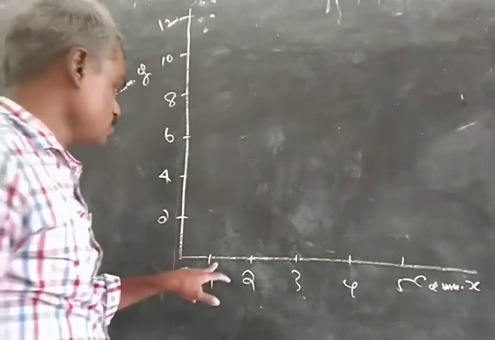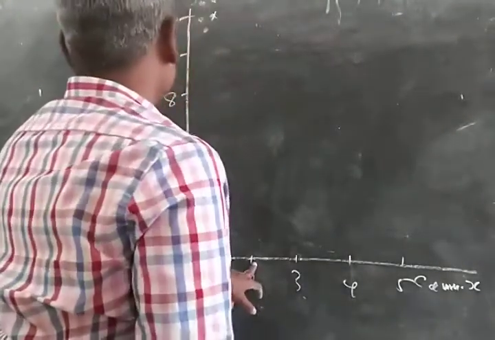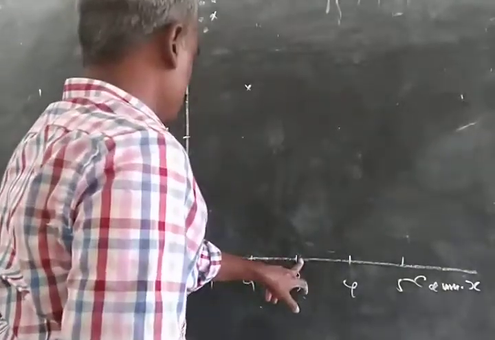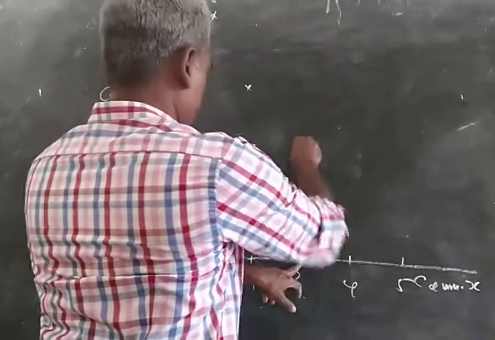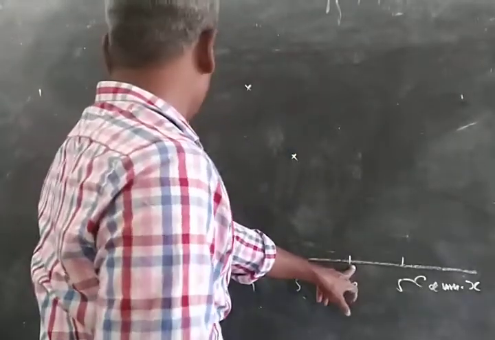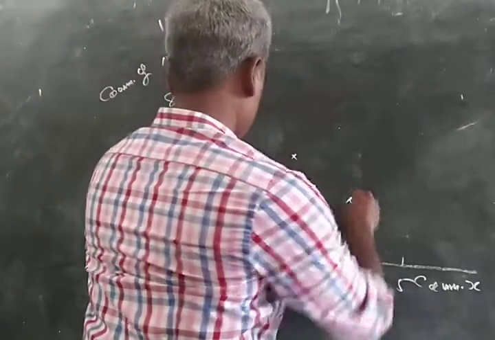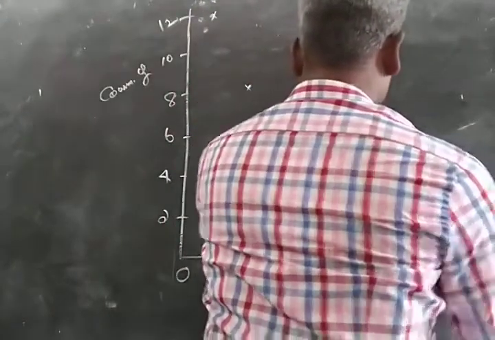The first combination was 1x with 12y. The second combination was 2x with 8y. The third combination was 3x with 5y. The fourth combination was 4x with 3y. And the fifth combination was 5x with 2y.